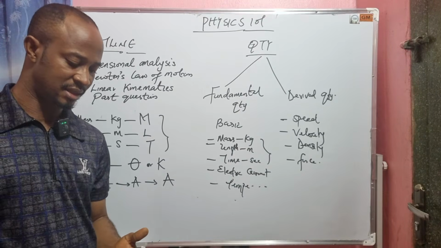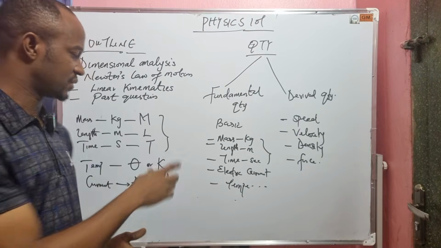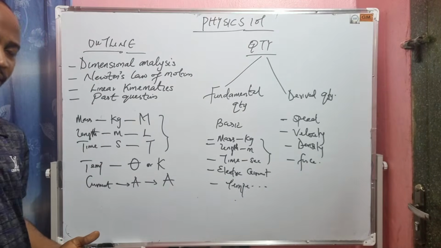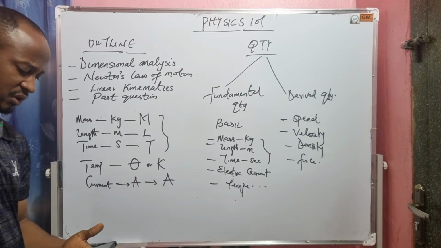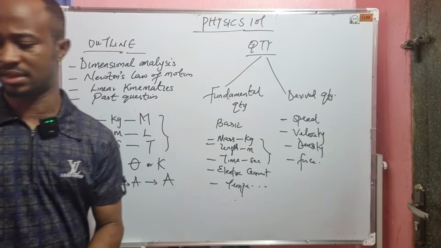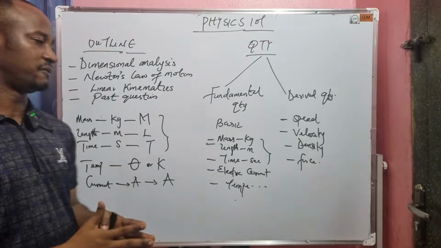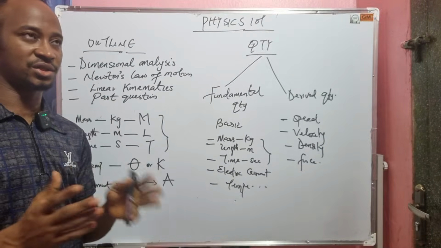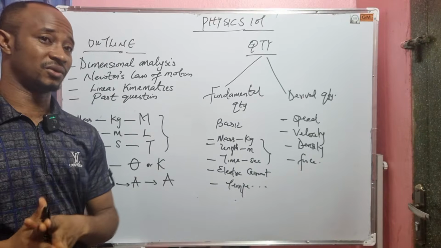I repeat again, it is the method of using the dimensions, like the mass, length, and time of physical quantities, to check the correctness of equations or to derive the relationship between physical quantities.